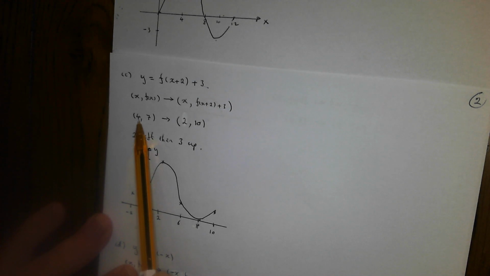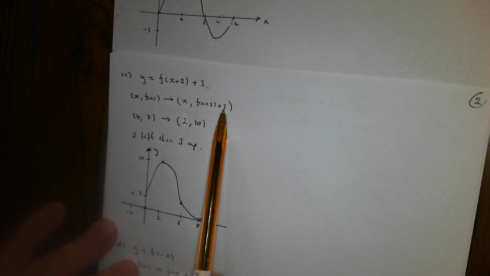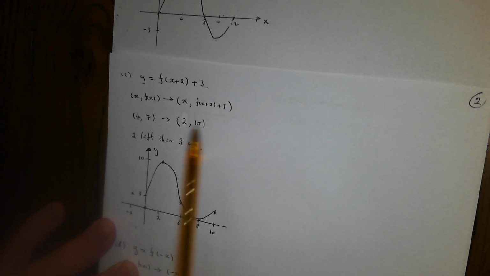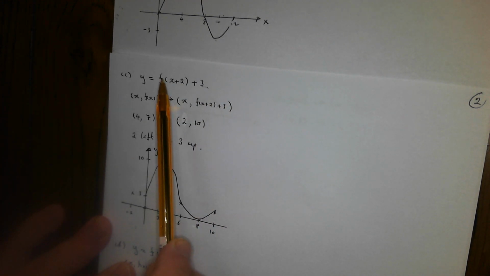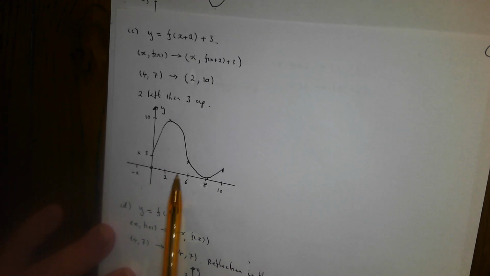So if I make x equal to 2, I'll get f(4), which is 7. The plus 3 comes at the end, and it simply means that every y coordinate increases by 3 units. So you come 2 to the left and 3 up for every point, and that will give us a graph like that. So (4, 7) becomes (2, 10), and so on.